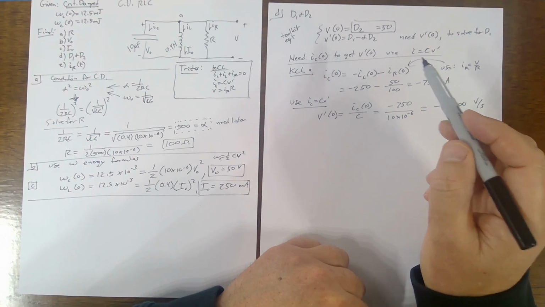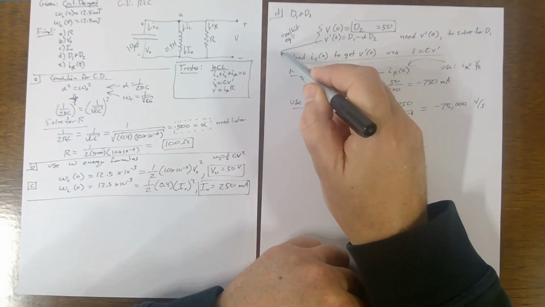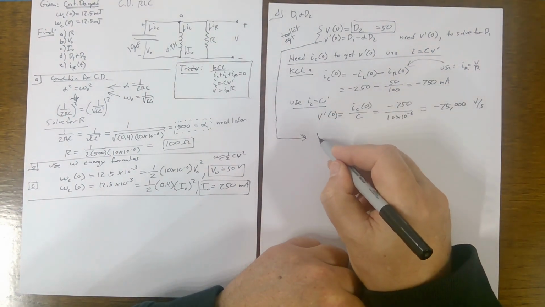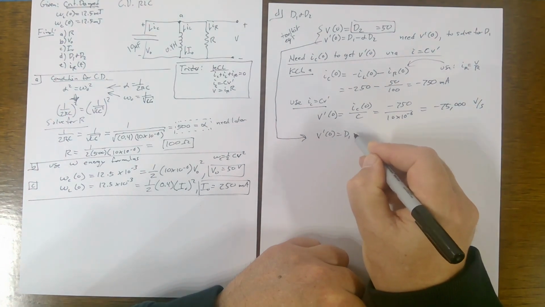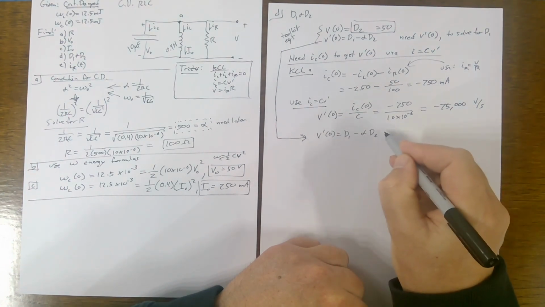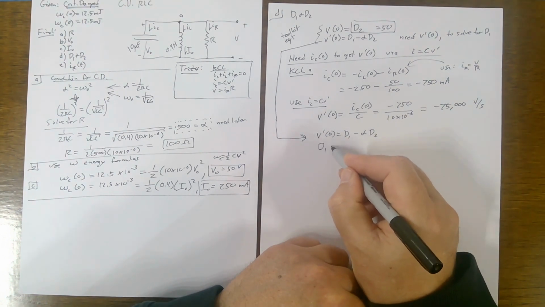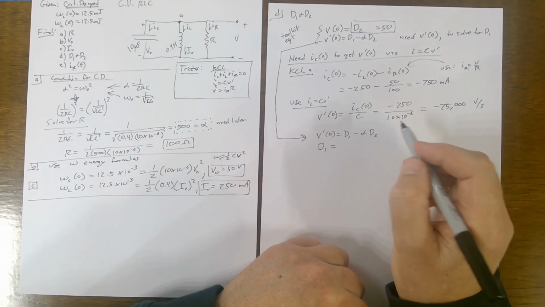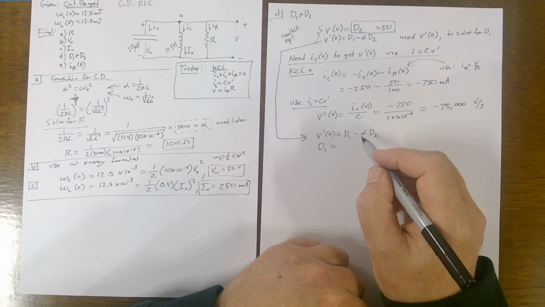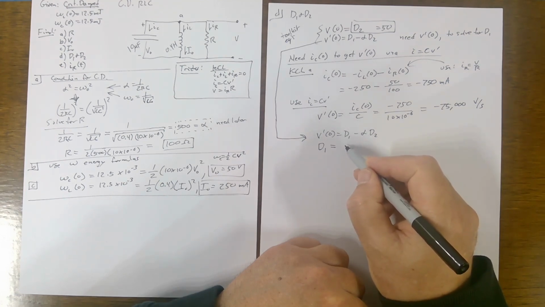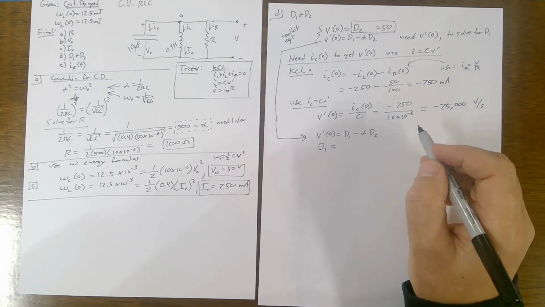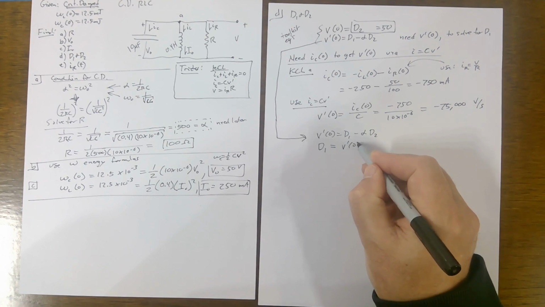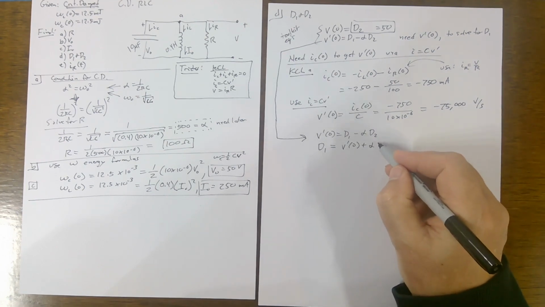Then let's take this and scoot it down to here, and I'm just going to rewrite V prime at 0 is D1 minus alpha D2. So D1 equals V prime at 0 plus alpha D2.